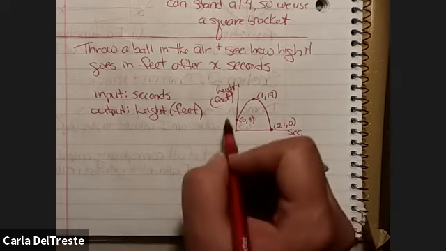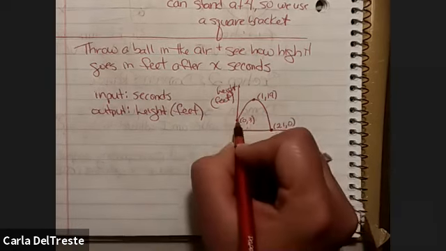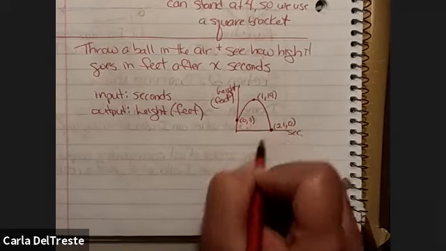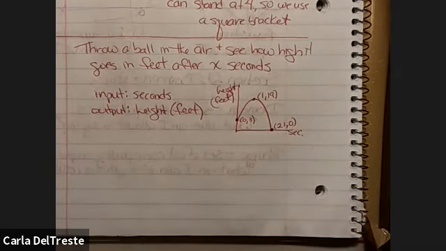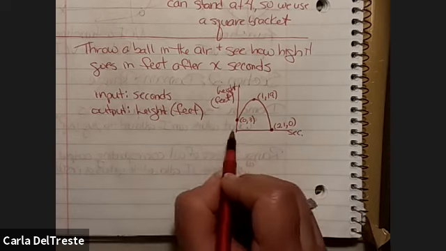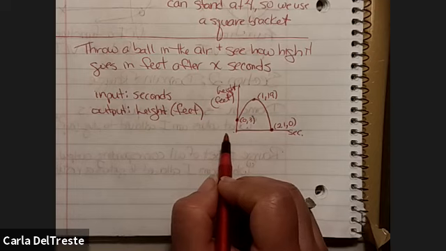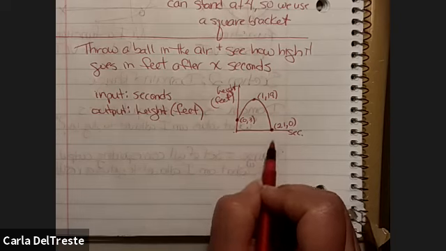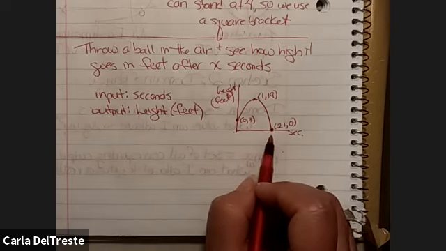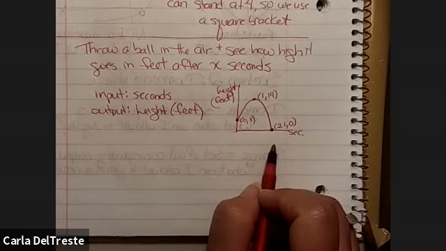Now, there's a very important reason why this picture is cut off, because the domain and the range purposely cut this off. Will there be any such thing as negative seconds? No, that doesn't make any sense, okay? Negative seconds don't exist. Will there be any such thing as negative feet in the air? No, that doesn't exist unless it's going to go underground.